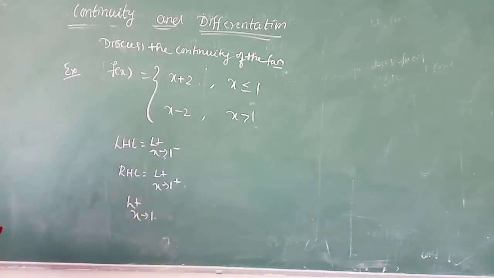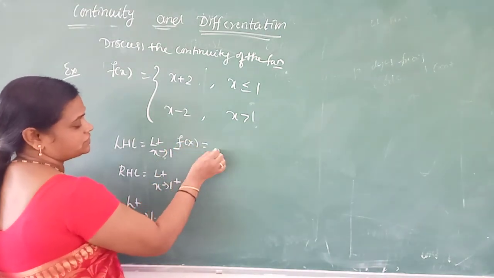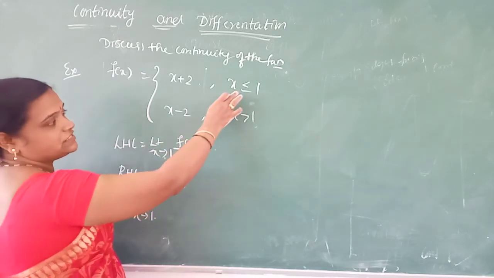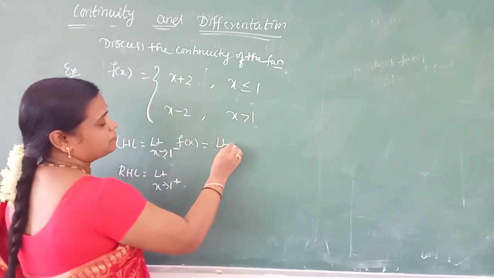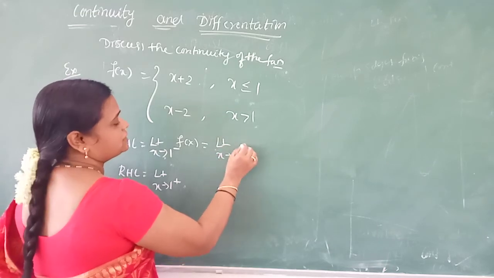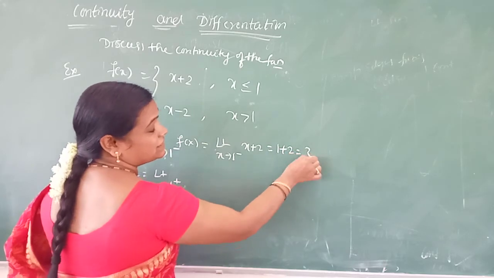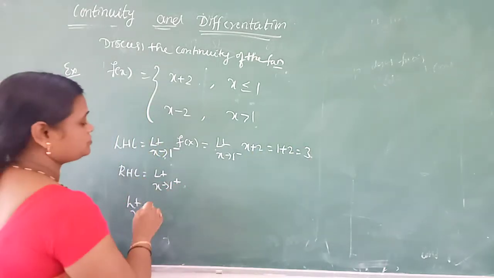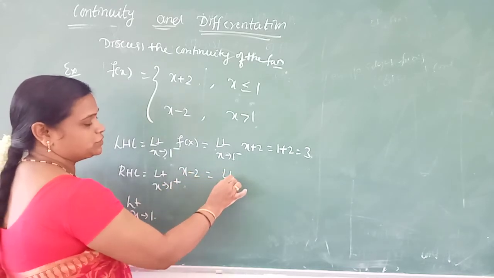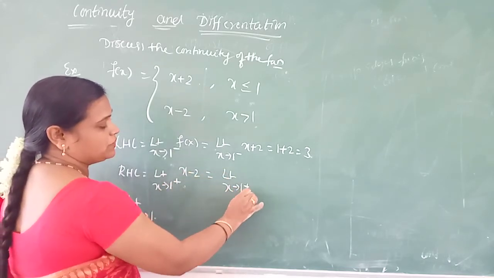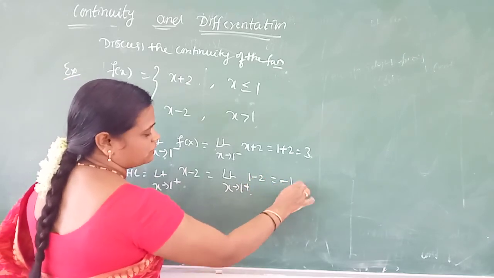See, for x less than 1 the corresponding function is x plus 2. Therefore we are applying limit as x tends to 1 minus x plus 2. Substitute here 1 plus 2. Next, for x more than 1 it is x minus 2, limit as x tends to 1 plus, 1 minus 2. 1 minus 2 means minus 1.